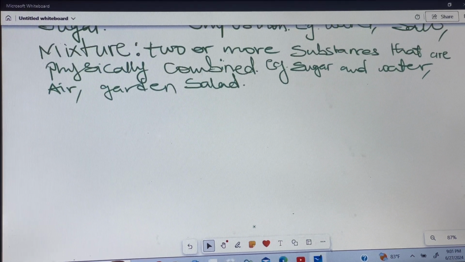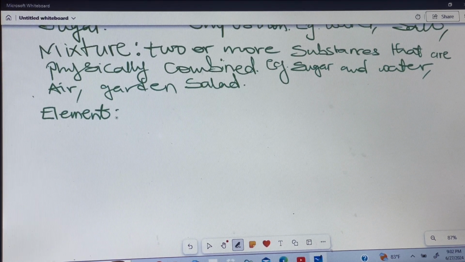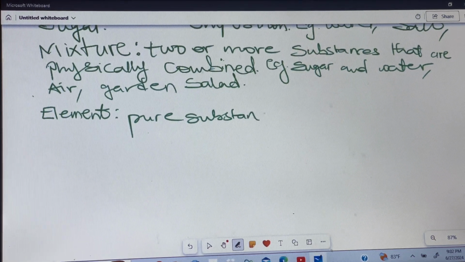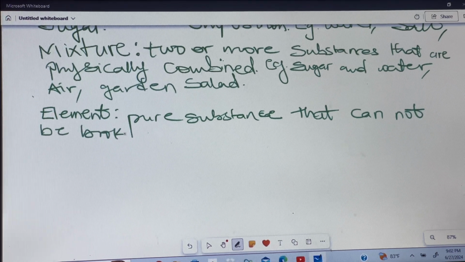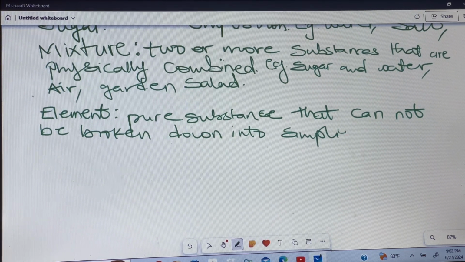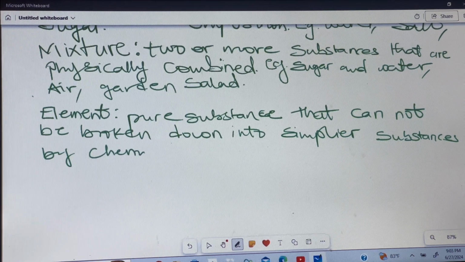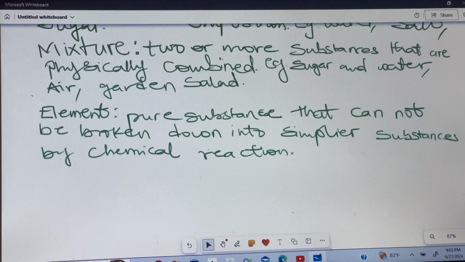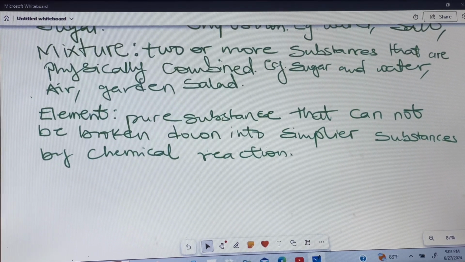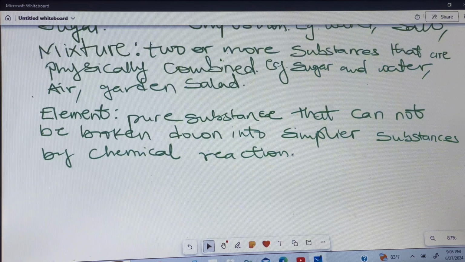So now I'm going to talk about the elements. As you can see, an element is a pure substance that cannot be broken down into simpler substances by chemical reaction.